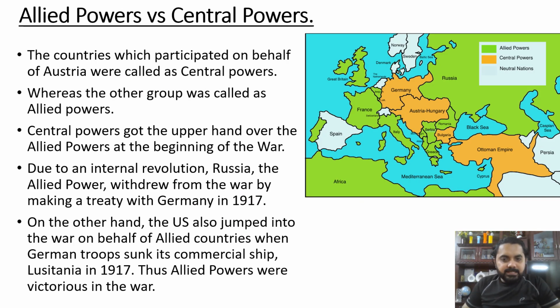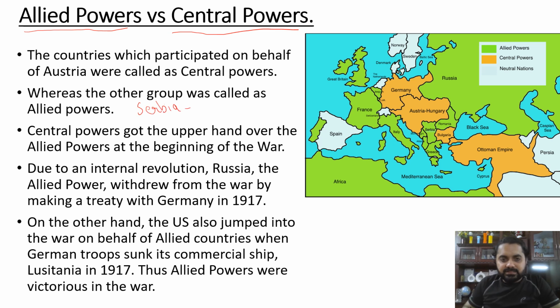Now that we are discussing World War One, we need to know about the parties that engaged in it. The parties that engaged in World War One are the elite powers and the central powers. Elite powers included Serbia and the countries that supported Serbia.